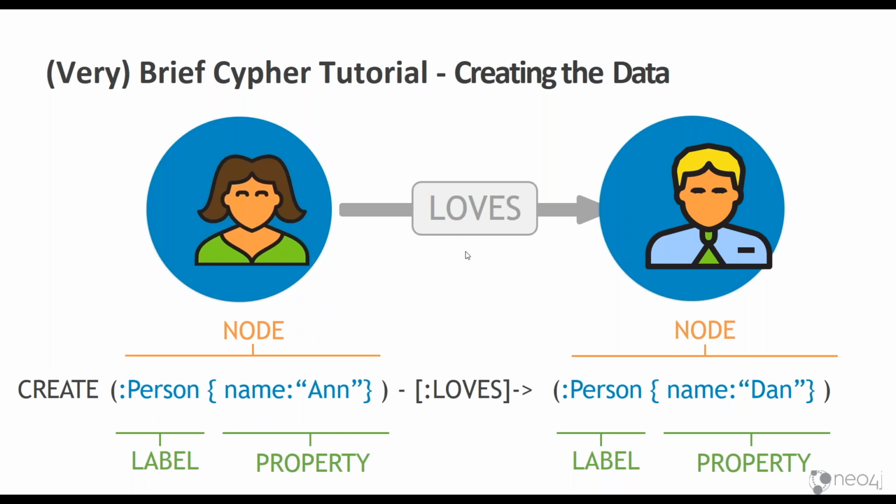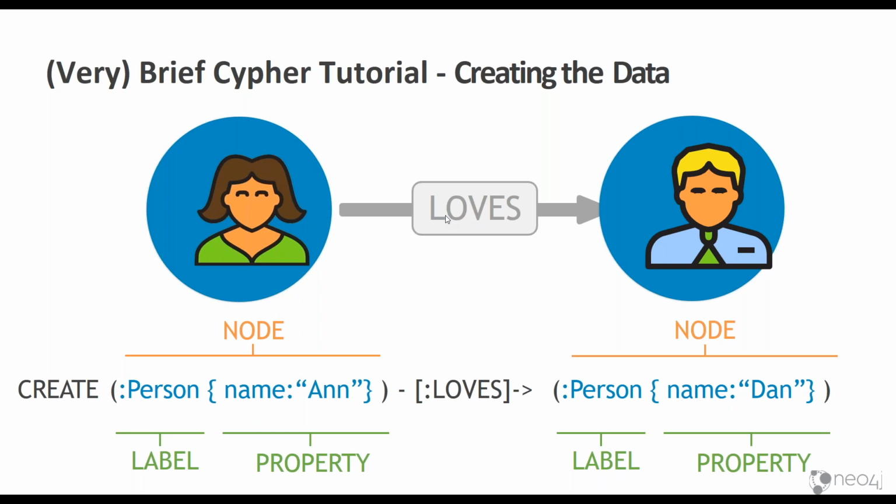What we can do here is effectively match the nodes, either one of these points, Anne and Dan, and then remove that relationship. We could either remove the relationship completely, or find Anne and Dan with that relationship and change it from loves to hates. That is very easy, very straightforward within the product.